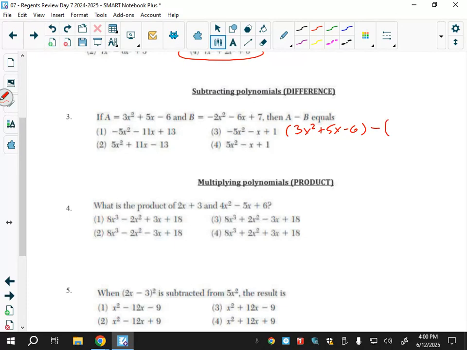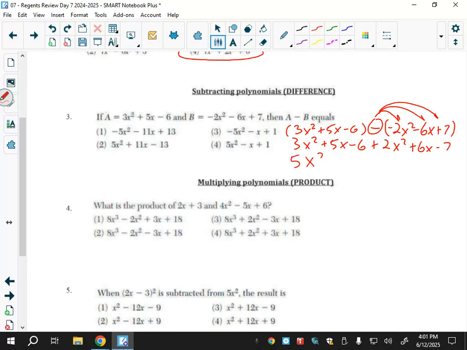But the second term has to be in parentheses so that we see we're subtracting each term, or that we're distributing the negative to each term in that second polynomial. Once we distribute that negative to each term, now it's just a combining like terms problem. Right, and we're obviously writing our answers in standard form.